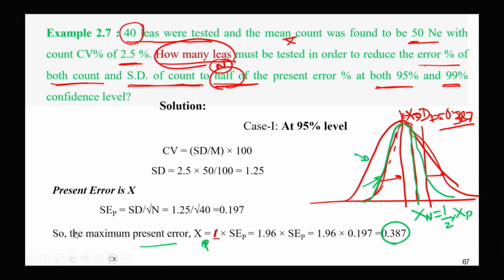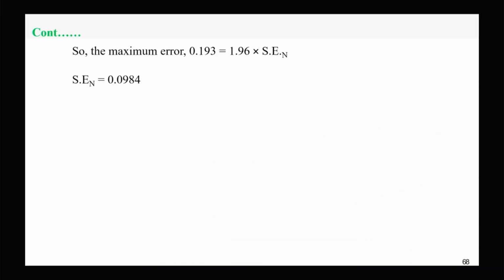So next, this is the t value, and the new error is 0.193. So 0.193 is the maximum error.